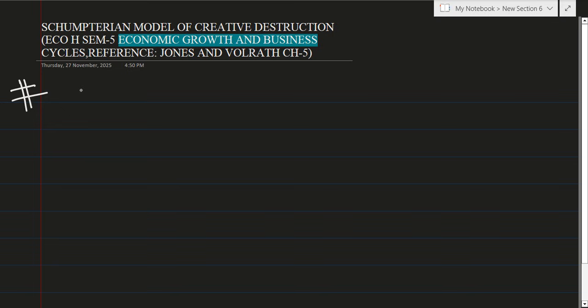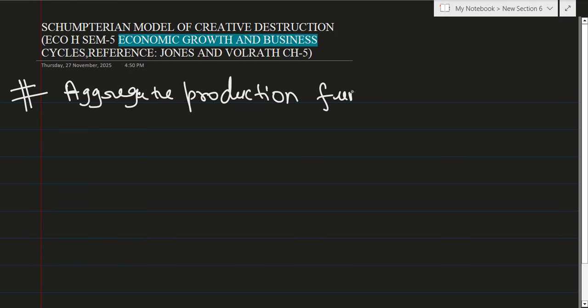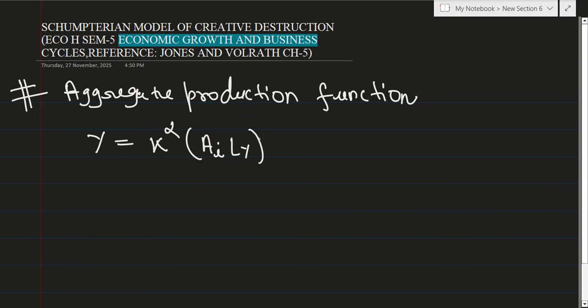So let's begin. First we have this aggregate production function, that is Y equals K to the power alpha, (A_i L_Y) to the power 1 minus alpha.